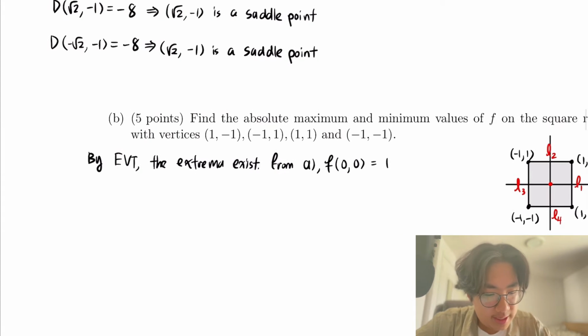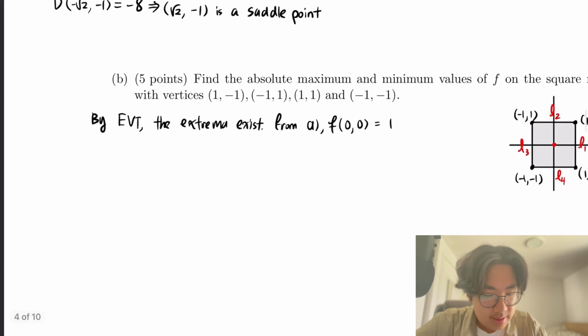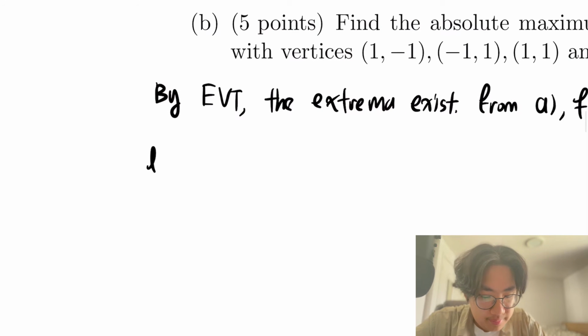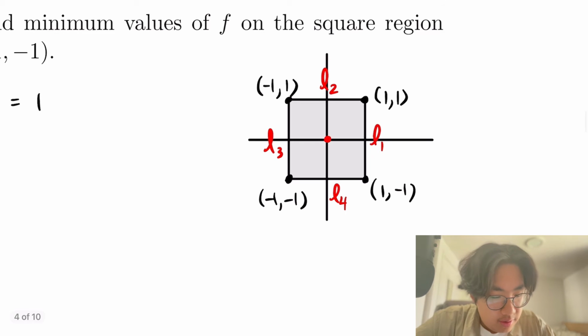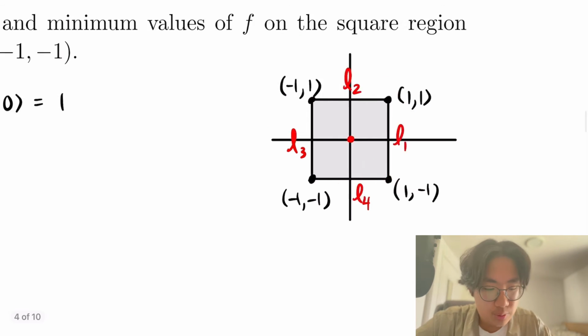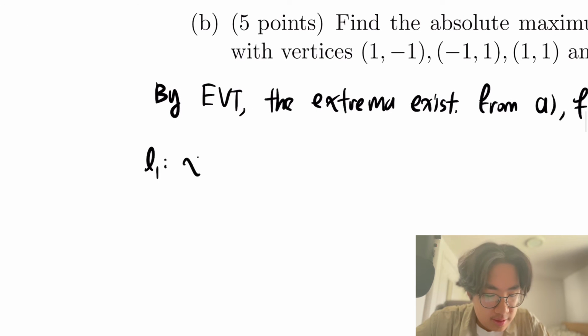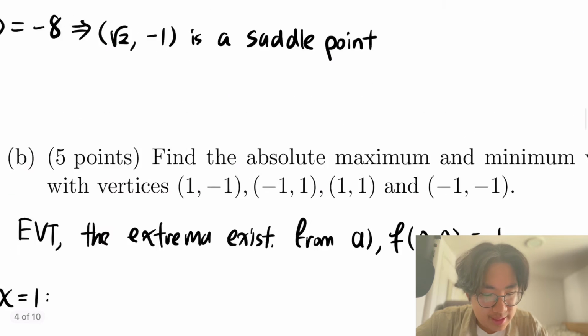And now we can compute the maximum and minimum values along these lines. So for L1, our first line, we need to find an expression for this line in terms of either x or y. It's a vertical line, so x is equal to 1. Then you're going to plug this into your function.